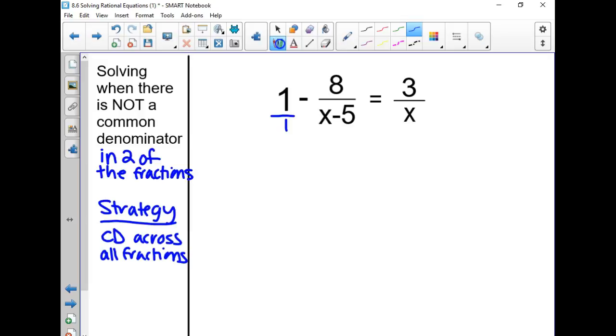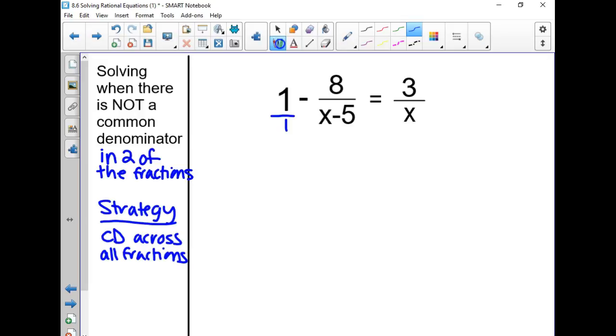I wrote a 1 over 1 because I want to see it as a fraction. What is my common denominator going to be? x squared minus 5x. Don't leave it in factored form, not together: x times x minus 5.